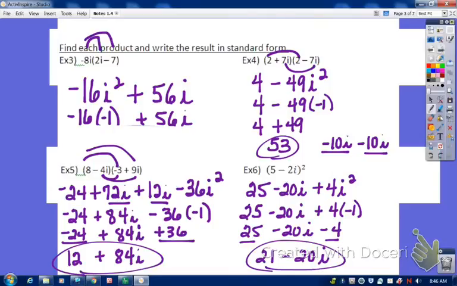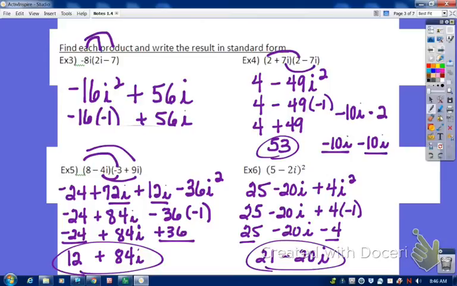You wouldn't take negative 10i and multiply it by 2. You could. That still gives you negative 20i. You can double it by putting it twice, or you can double it by multiplying by 2. Negative 10i times 2 is negative 20i. Negative 10i minus 10i is negative 20i.